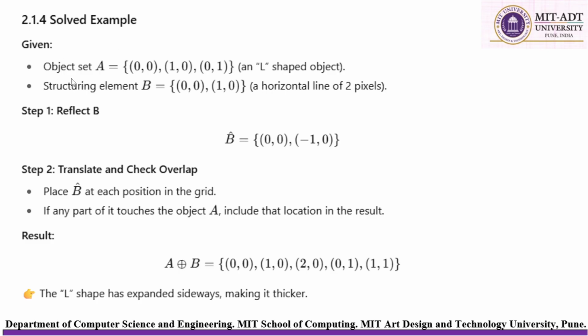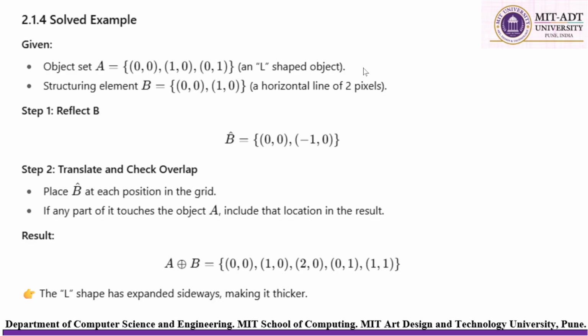Just consider one more thing. Suppose I am given one set object denoted with A. A is equal to, let us say, (0,0), (1,0), (0,1). If you draw the image for this, the pixel at location 0 0 has value 1, the pixel at location 1 0 has value 1, and the pixel at location 0 1 has a value 1.